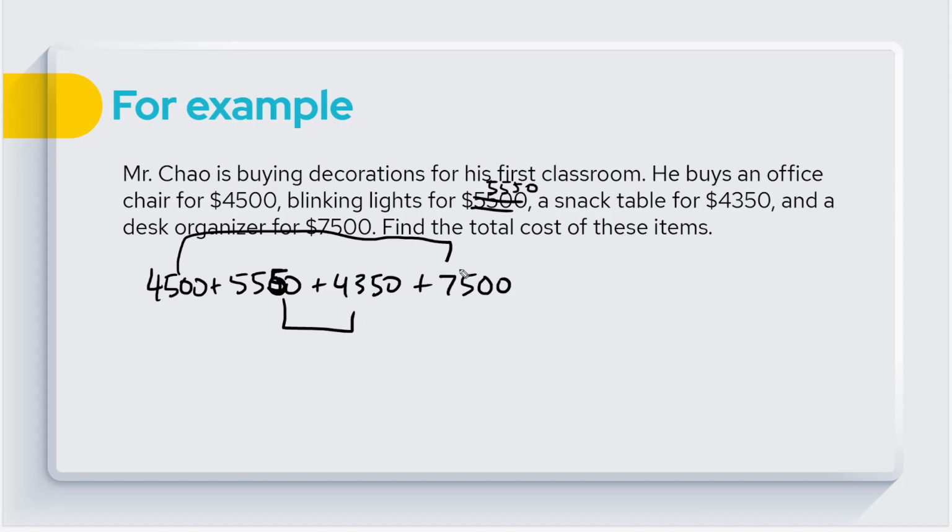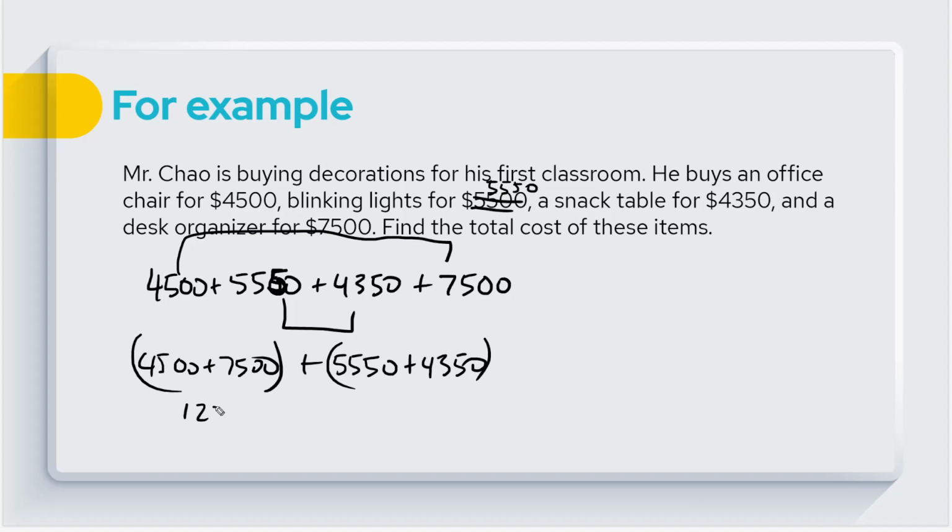We can just write it like 4,500 plus 7,500, and we can even group these if we wanted to, plus 5550 plus 4350, because these are easier numbers to add together. So this is 12,000, right?